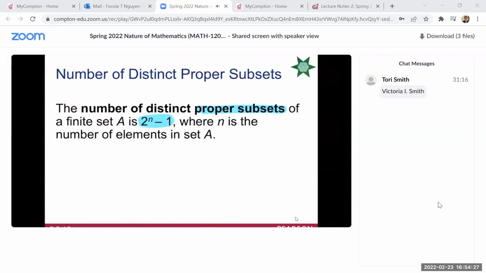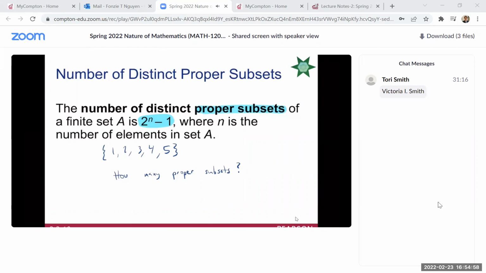So let's say you had 1, 2, 3, 4, 5. Anybody know how many proper subsets there are? 31.